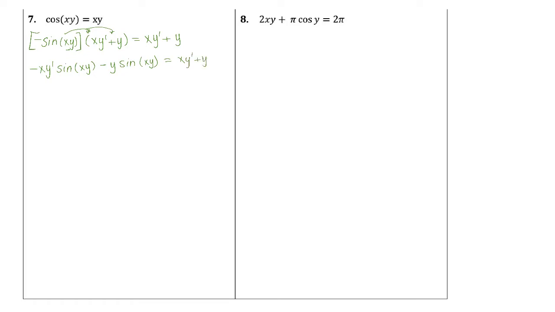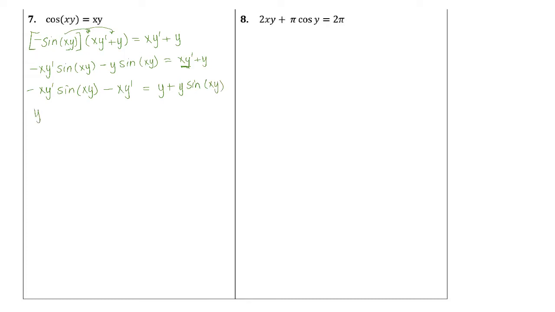Now we're going to factor out y prime. Or no, we need to move our y prime over, sorry. So we have negative x y prime sine of xy. And then I'm going to bring over this other term, minus x y prime, equals y plus y sine xy.